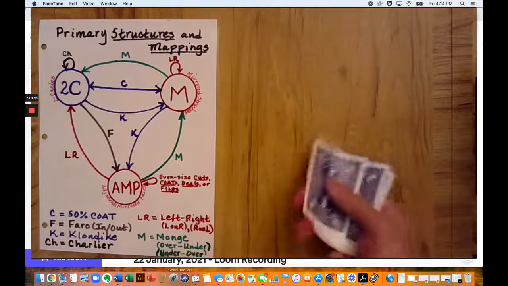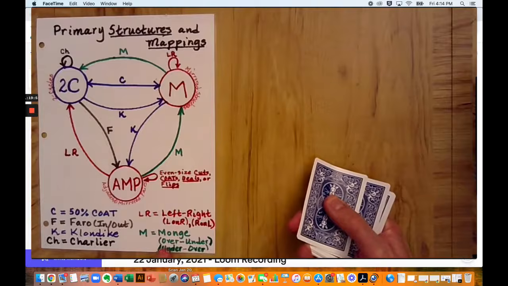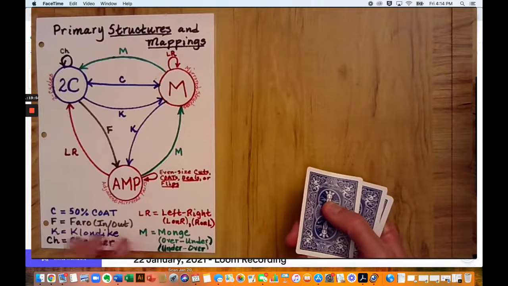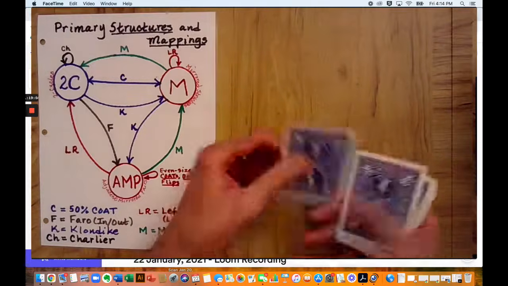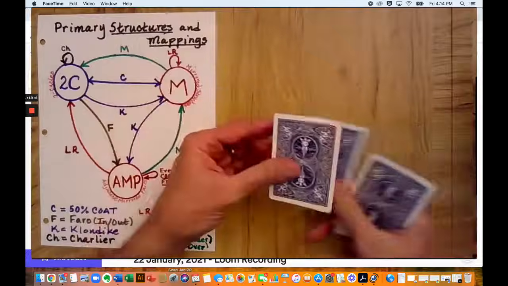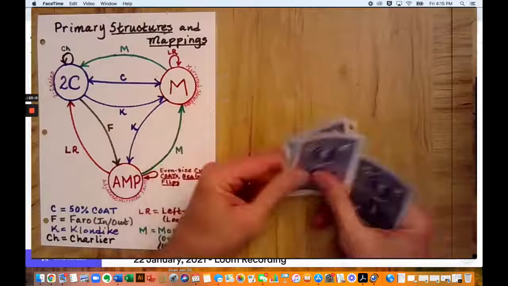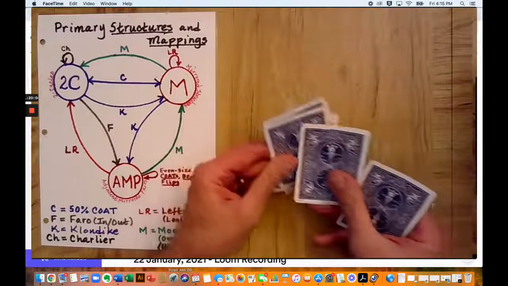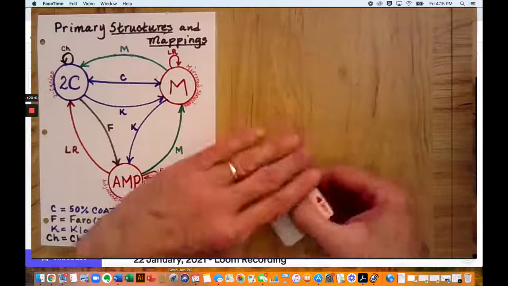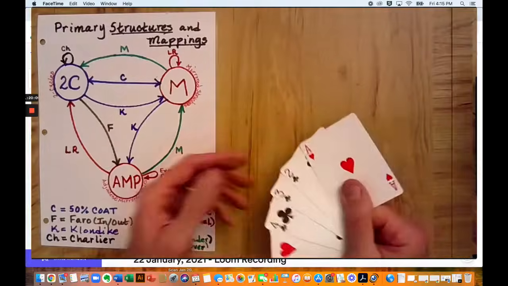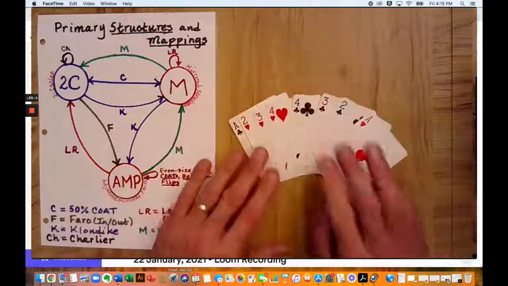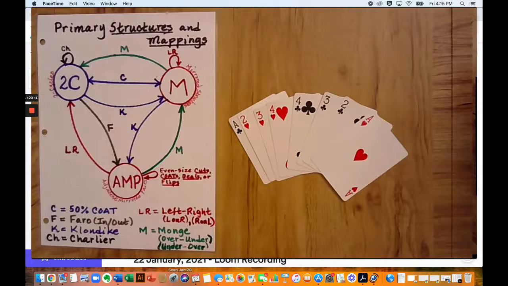And now let's do an under-over. So now push off the top, under, over, under, over, under, over, under. Does that take us back to a mirrored structure? It does.